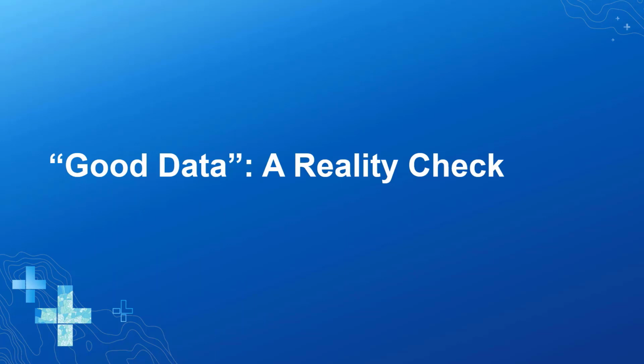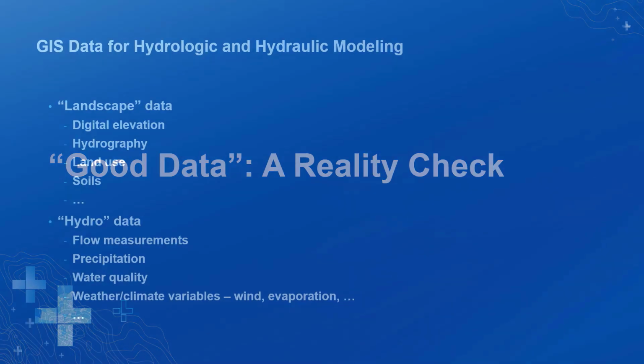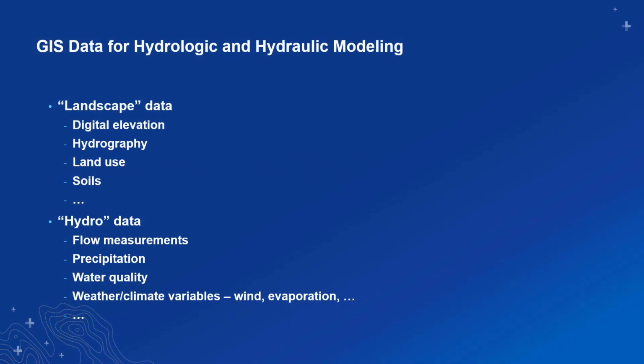You have seen in the demo the impact of some terrain processing decisions and available data on the analysis results. Getting good data to support your analysis is always an issue, since the data are used for analytical purposes and not just cartographic purposes. The quality and consistency of the data are critical.